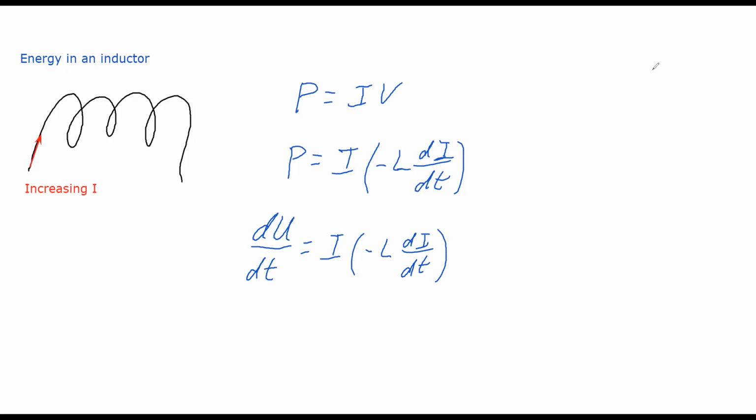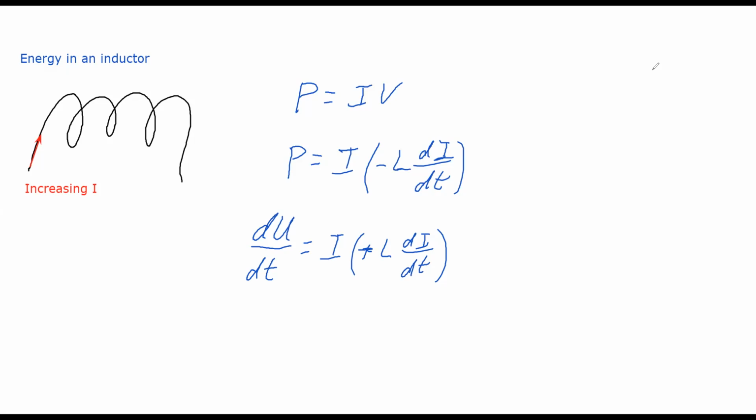So I shouldn't have this negative here. The negative would mean that I'm losing energy over time, but we're actually gaining energy. So you can think of this as just looking at the absolute value of voltage. I'm just going to make this positive then. We don't want the negative there, because the negative would tell us that we're losing energy, which is not true for the inductor. The inductor is storing energy.